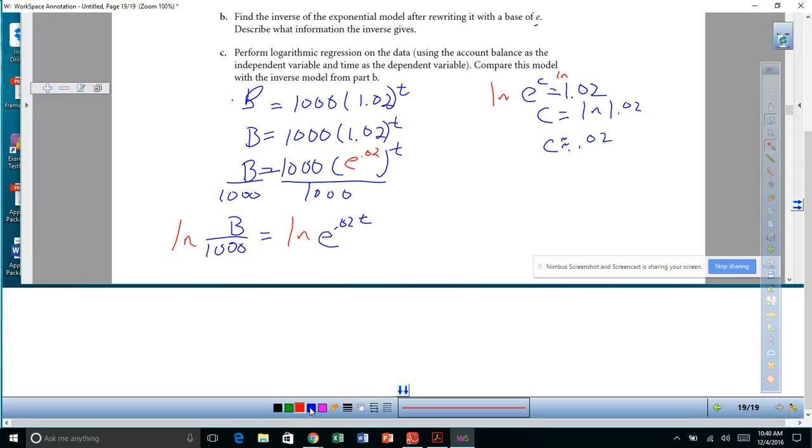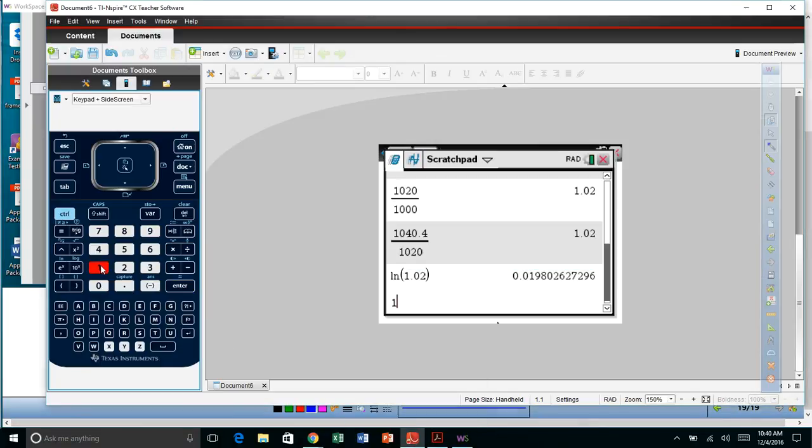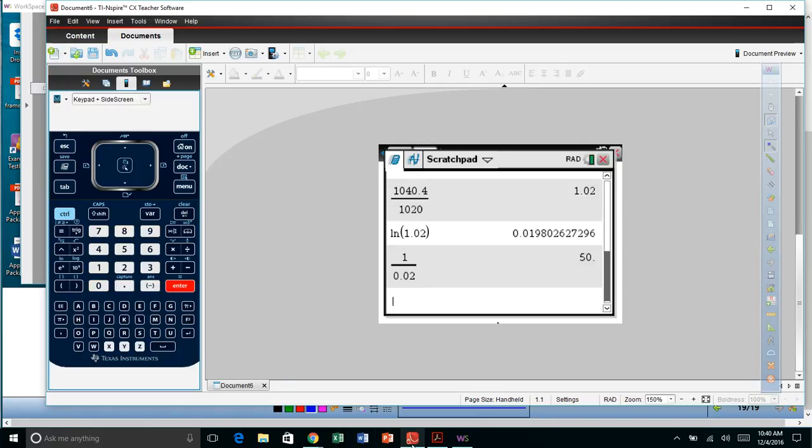So we have the natural log of b over 1,000 equals 0.02 t. 1 divided by 0.02 gives you 50.